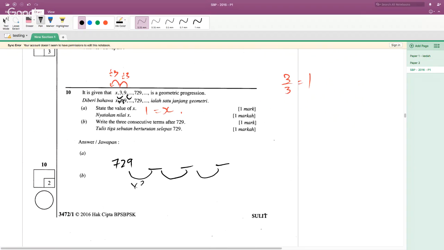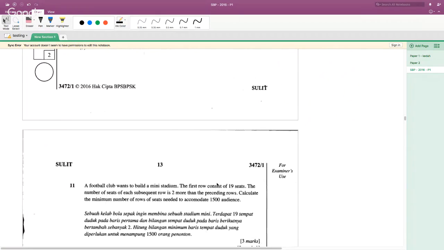So I multiply by 3 each time. 729 multiplied by 3 gives 2187. Multiply by 3 again, 6561. Multiply by 3 again, 19683. This is how we do the 3 consecutive terms. Of course, you can just write this answer because it's only 1 mark. It's very easy.